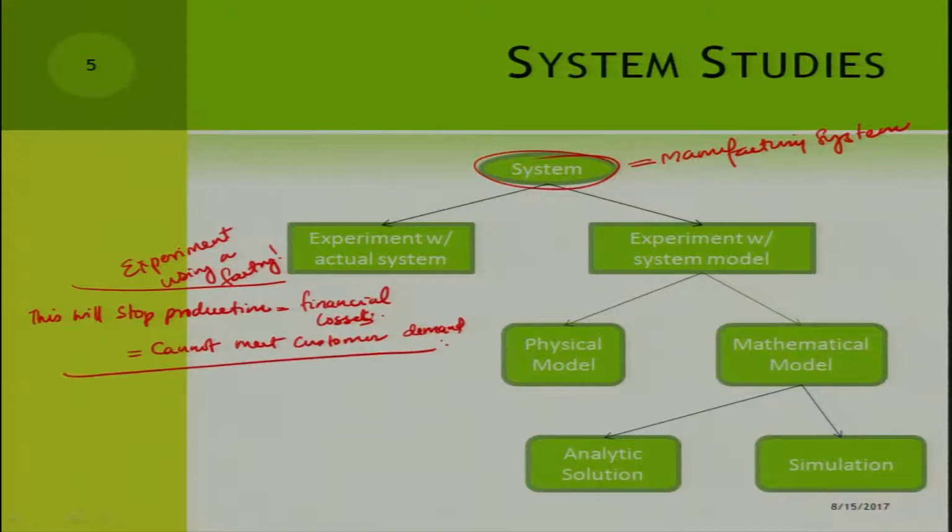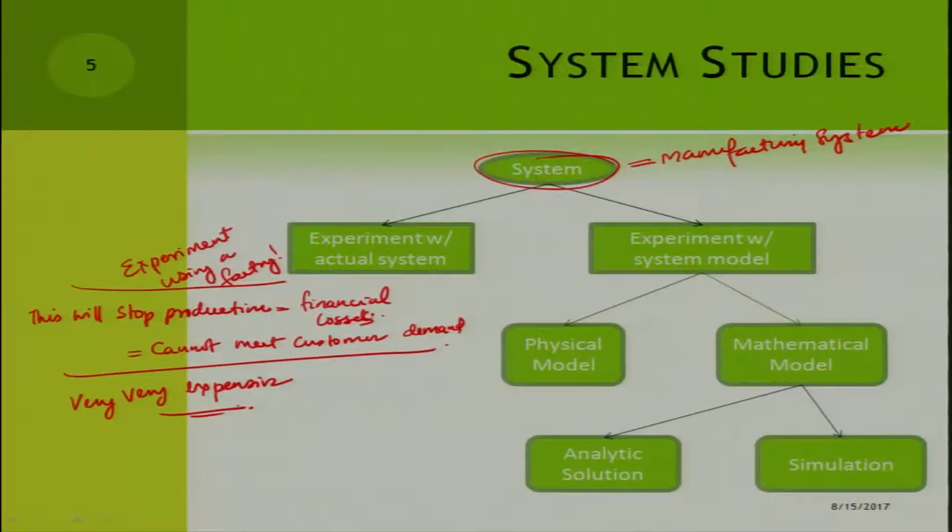Because of all these reasons, doing experiments with the actual system, second part is it is very expensive, very expensive. Because of all these reasons, experimenting with the actual system is not really a feasible solution. So, if you want to study how to convert this particular automotive factory, you walk into Maruti Suzuki and say, look, I think I have a really good way to convert your factory to a sustainable or green facility.